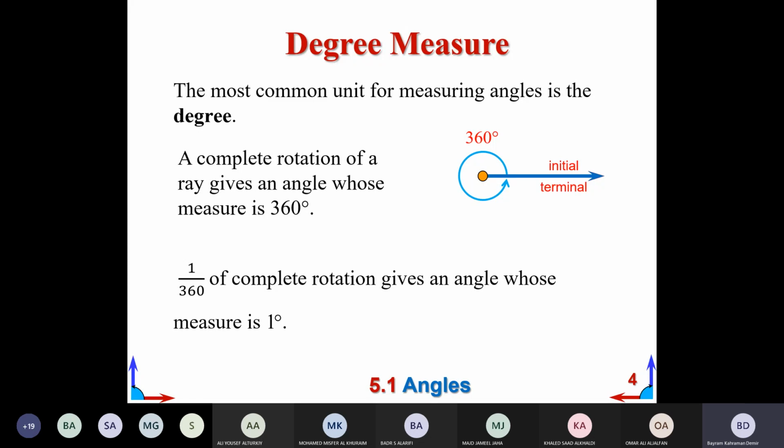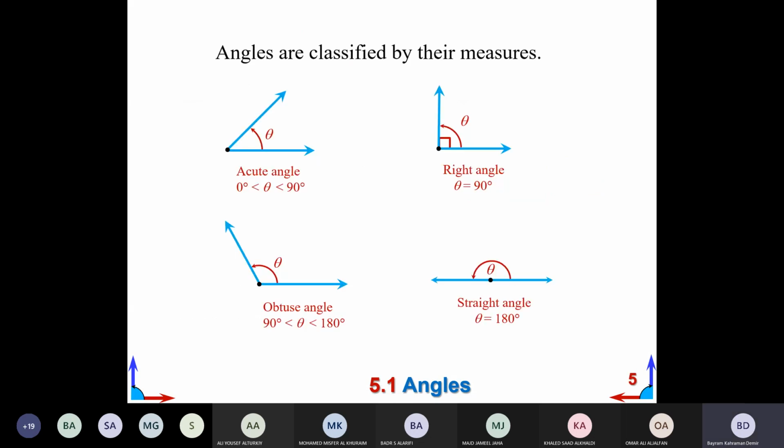Also later on, we are going to learn the radian measure. It's not quite common in our study, so you will learn it in your advanced studies in Jebel.